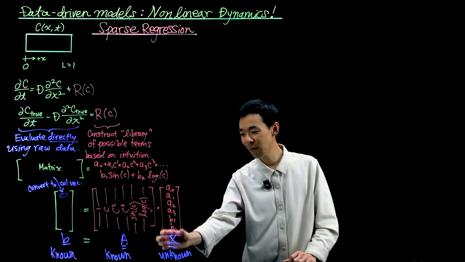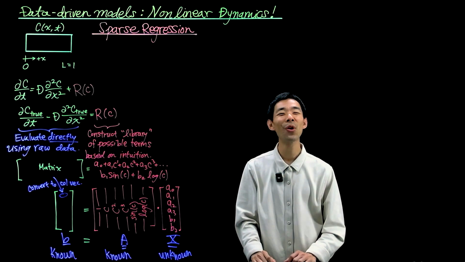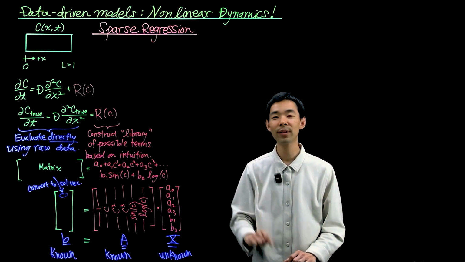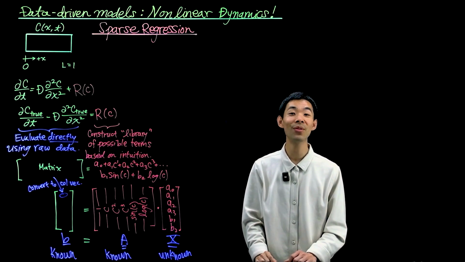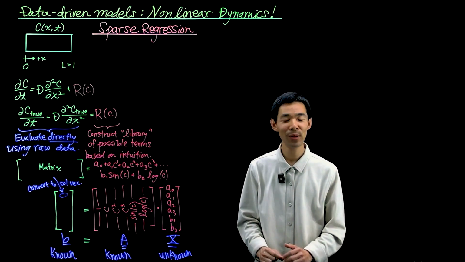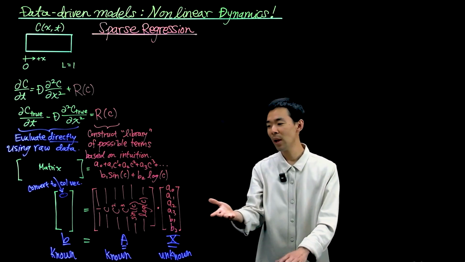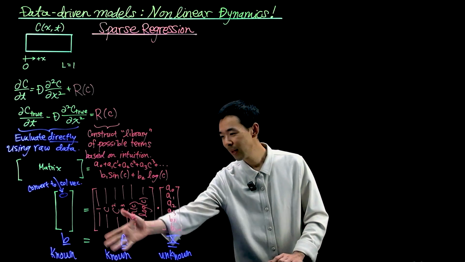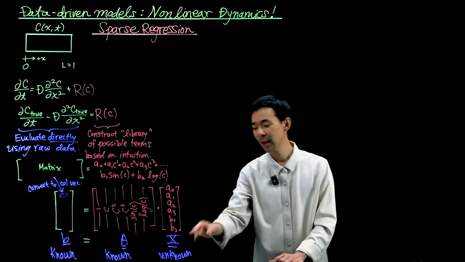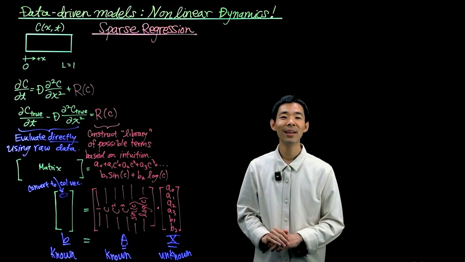Now on the far right over here, that is an unknown vector of your coefficients, A0 over to B2. I've called that vector X, and so that's your unknown vector. So you can clearly see here at this stage that this has just turned into a linear regression problem where you have some known matrix A times X is equal to a known vector.